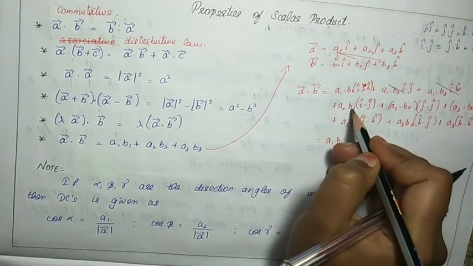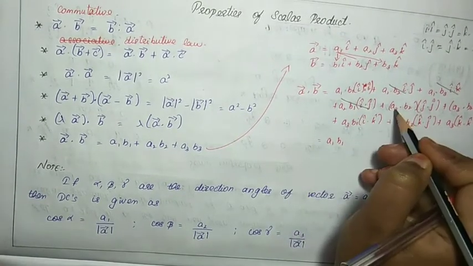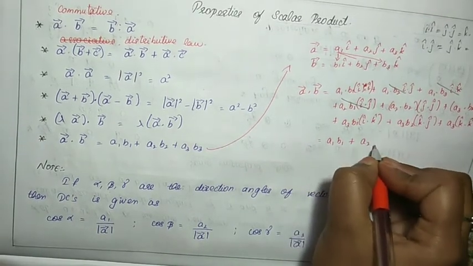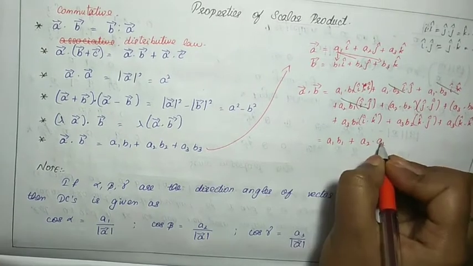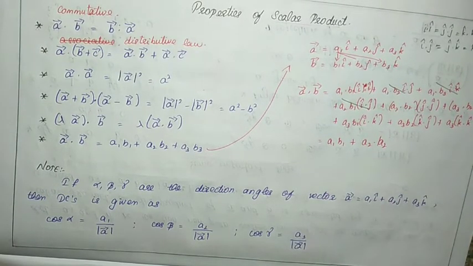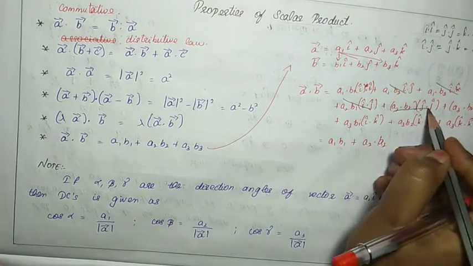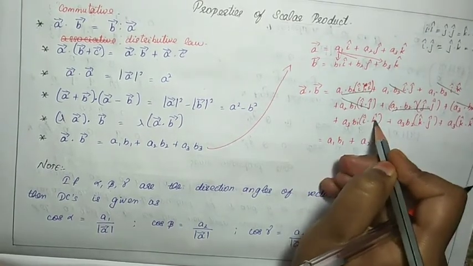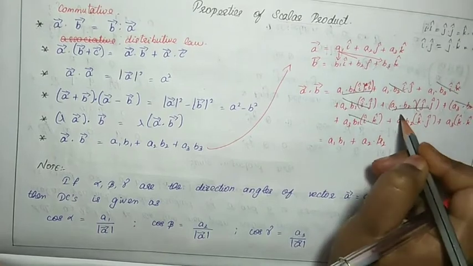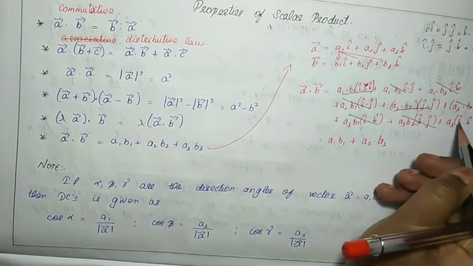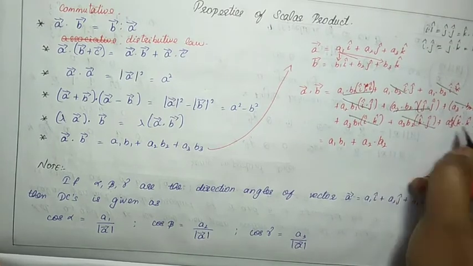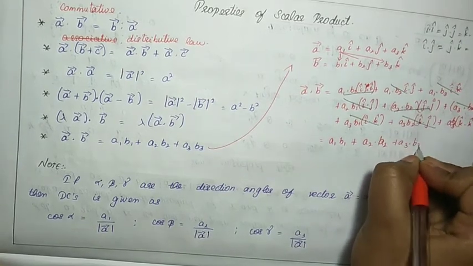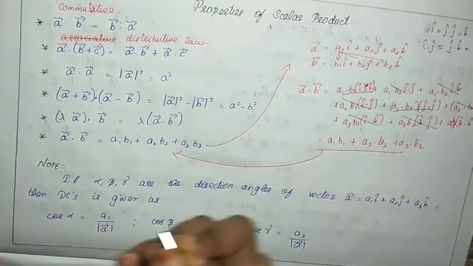A2 b1 i cap j cap also cancels. A2 b2 j cap dot j cap is 1, so I have a2 b2. Next, j cap dot k cap is 0, i cap dot k cap is 0, k cap dot j cap is also 0. Now a3 b3 k cap dot k cap, so a3 b3. Hope this is clear for you.